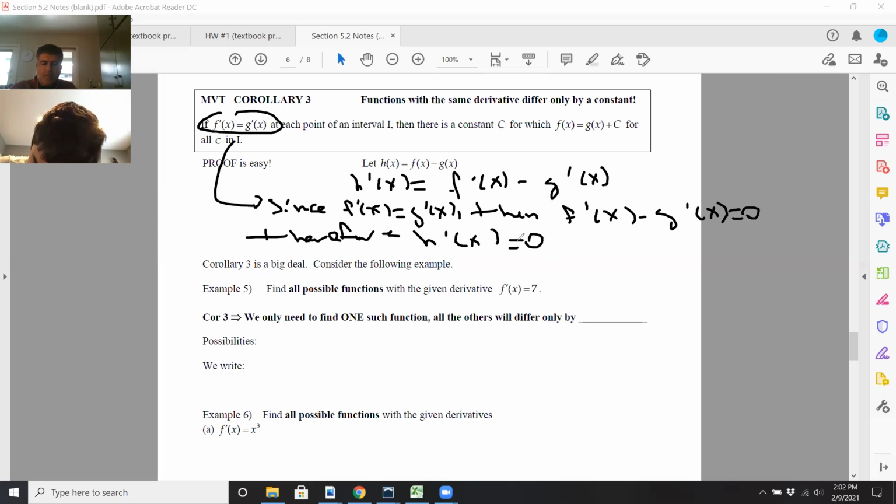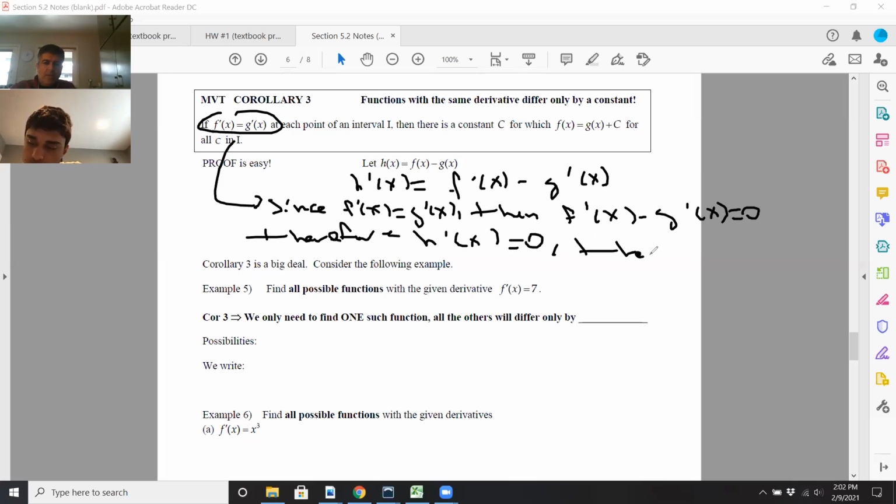So hopefully that makes sense, because again, if I take the derivative of both sides, you get this. And because I made this statement early on, f prime of x equals g prime of x, if I move g prime of x from right to left, I have f prime minus g prime, that's 0. So h prime of x equals 0.